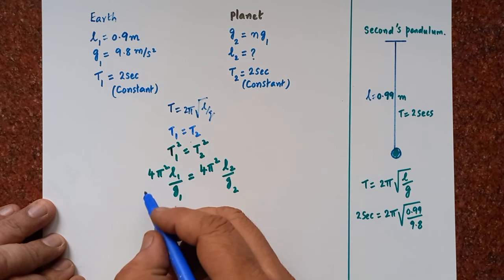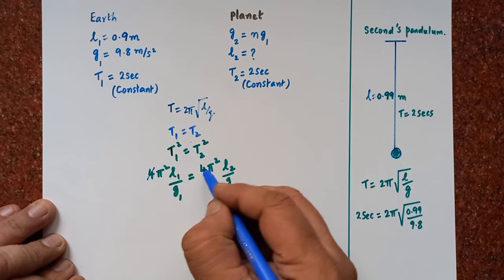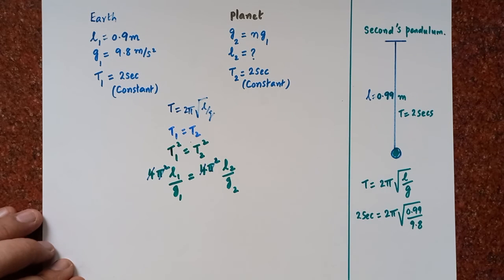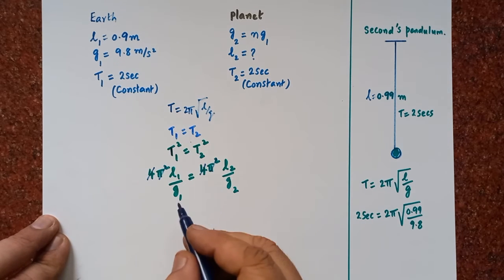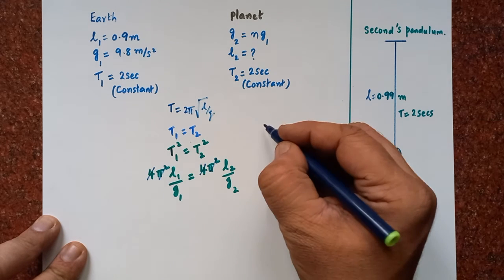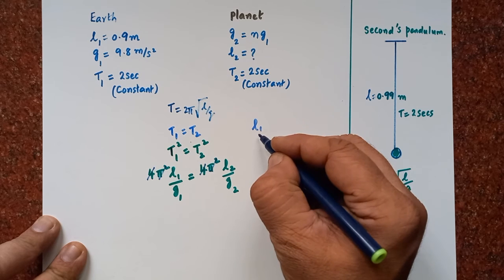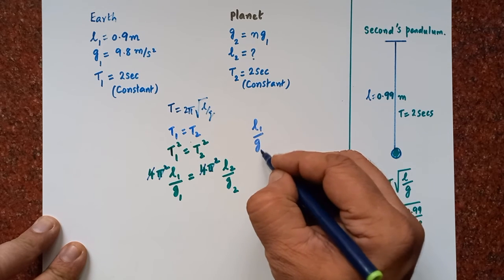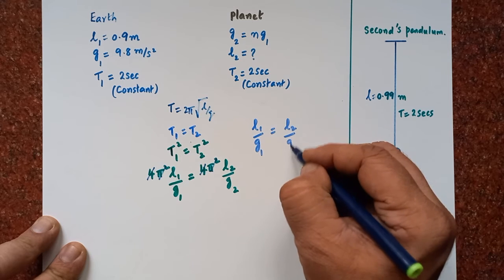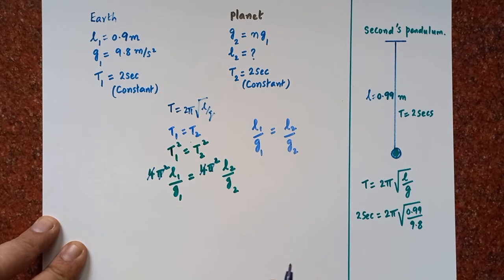Now the common constant factors can be cancelled. 4 can be cancelled, pi square can be cancelled. After cancellation, what are the remaining factors? The new formula would be L1 divided by g1 is equal to L2 divided by g2. So what is required here?